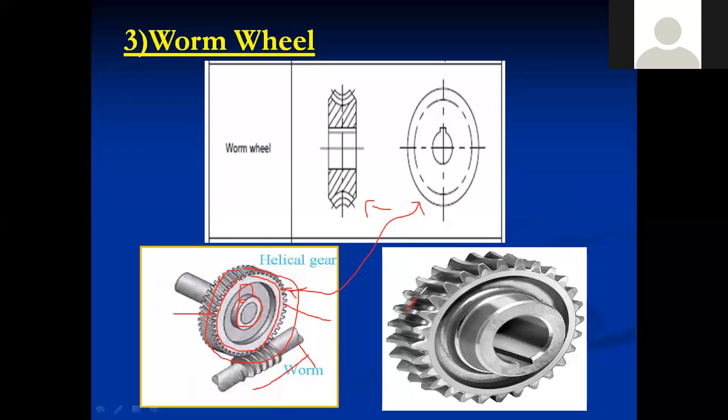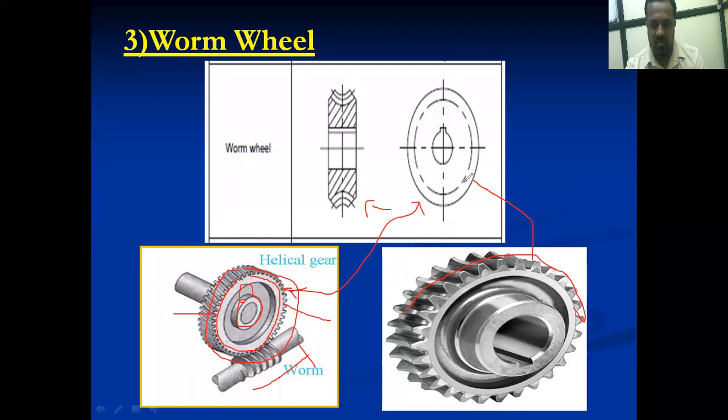Okay, this is the topmost portion of your gear teeth, and this is the pitch circle. Here we can insert the shaft, and this is the keyway. So this is the keyway for the fitting purpose, for transmitting the power.